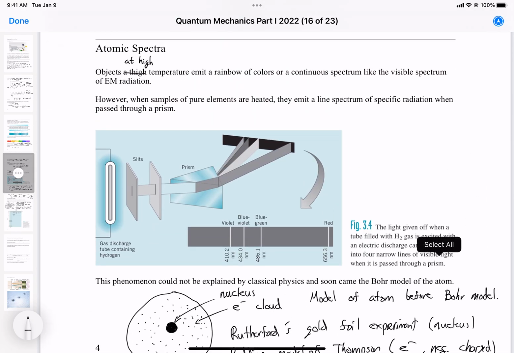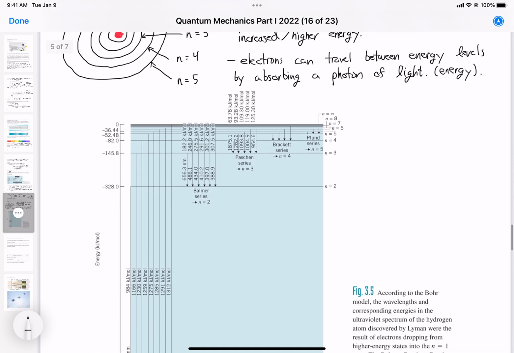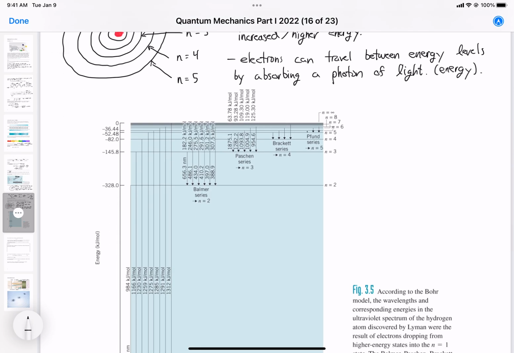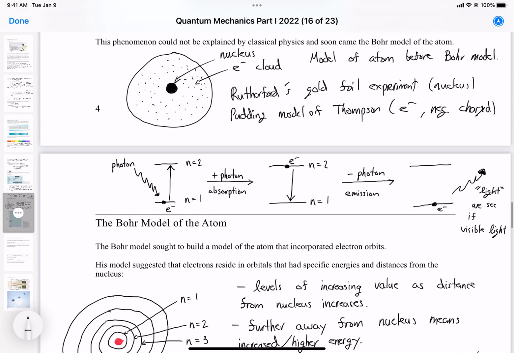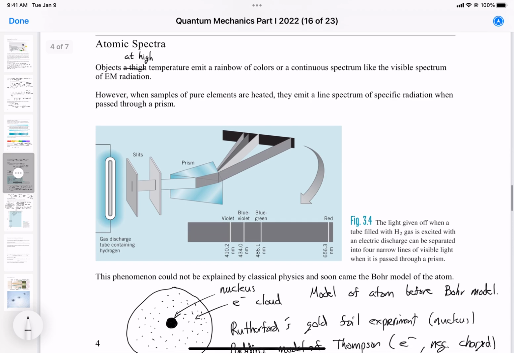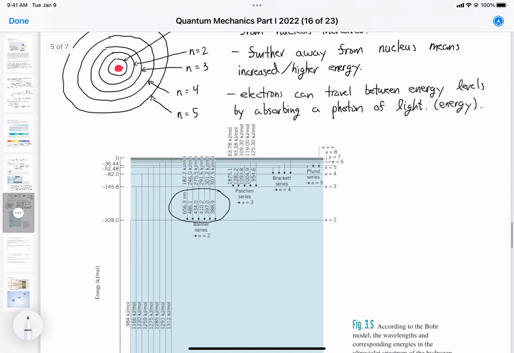These specific lines represent specific energy levels, and if we look right here, each value represents not only an energy value, but also you see these lines here. They do represent some of the line spectra that we saw in the hydrogen atom. Okay, so they do have some.